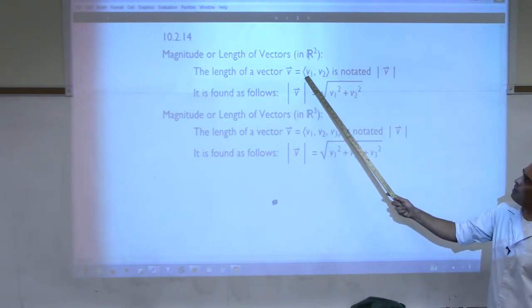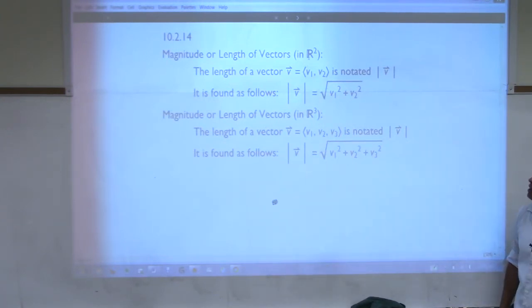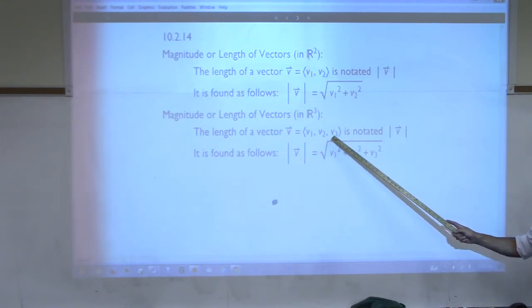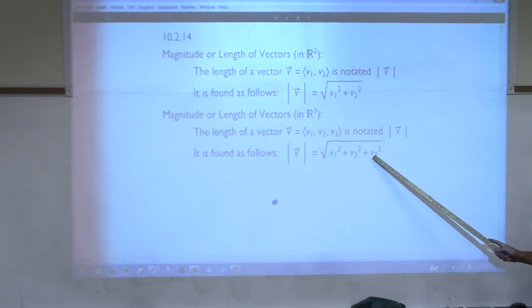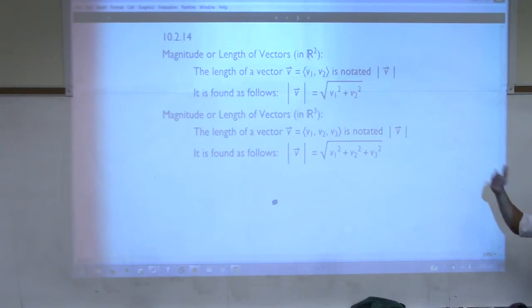So you're just going to square the v1, square the v2, add them together, take the square root. Now, if your vector is in three-dimensional space and you've got the three components, then you'll square each of the three components, add them all together, take the square root. That's also the length of v. Does it make sense to you that those formulas would be those? Okay.